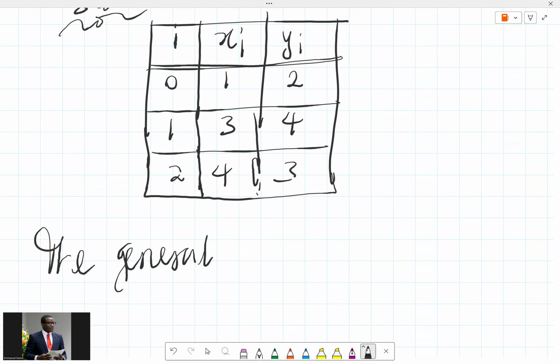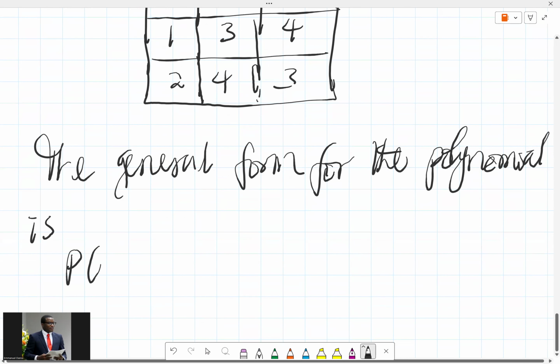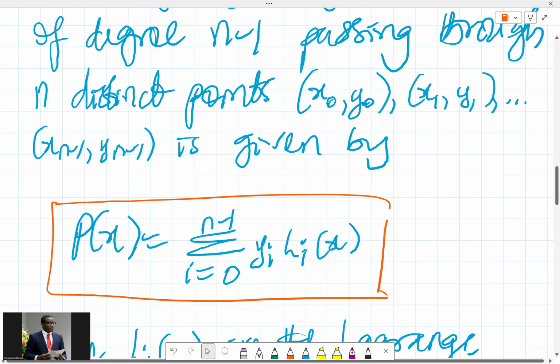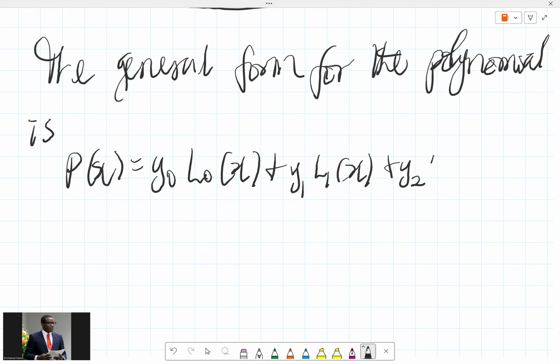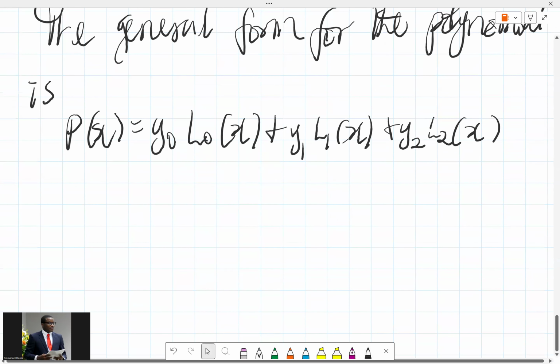So the general form for the polynomial is P of x equals the sum of yi Li of x, so that we have y0 L0 of x plus y1 L1 of x plus y2 L2 of x, like that, because we have 0, 1, 2, basically.